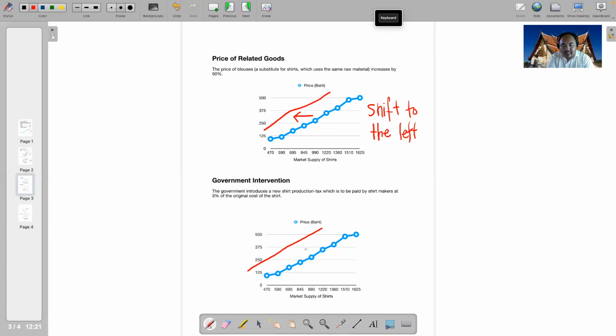Taxes on the production of certain goods and services in general will shift the supply curve for that good or service in the market to the left. Taxes act as a disincentive for making shirts or any good or service for that matter.